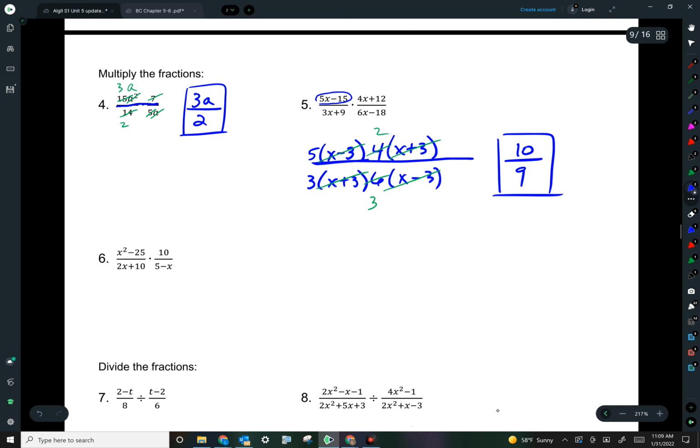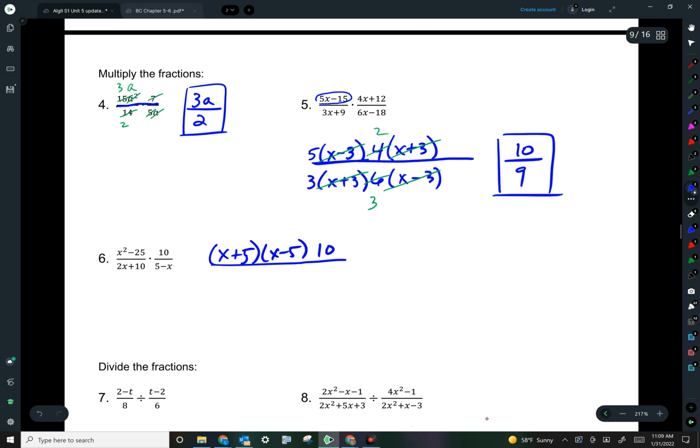Okay, look at number 6. Multiplication, so I'm going to keep top on top, bottom on bottom, but still I'm going to factor. So on the top, x squared minus 25, it's a difference of squares. So x plus 5 and x minus 5. The top, I have a 10.